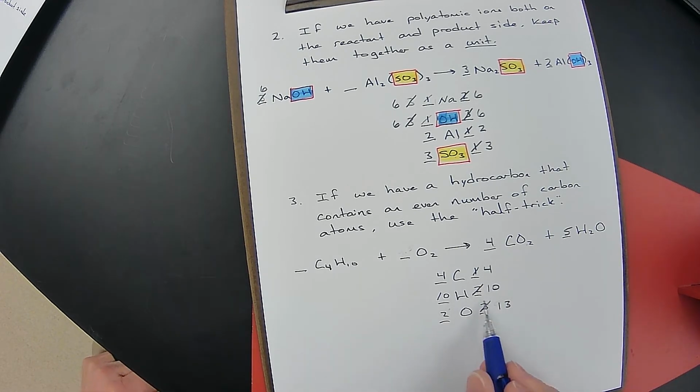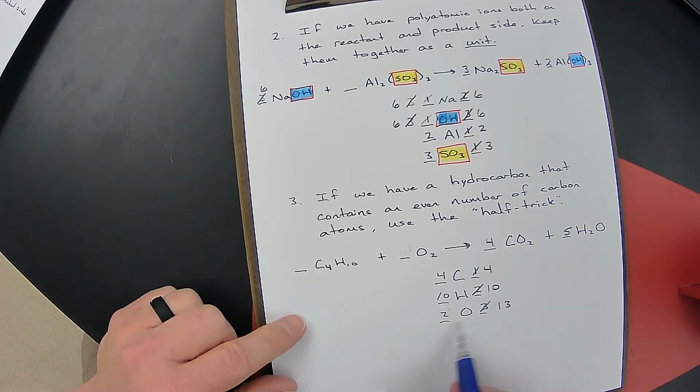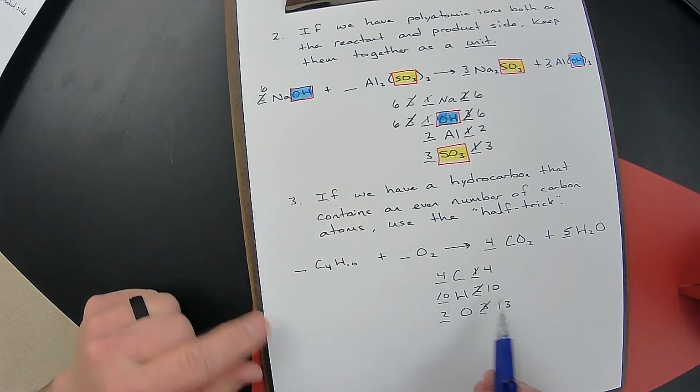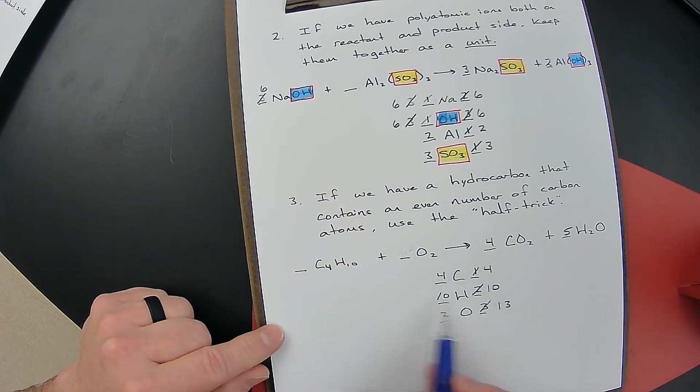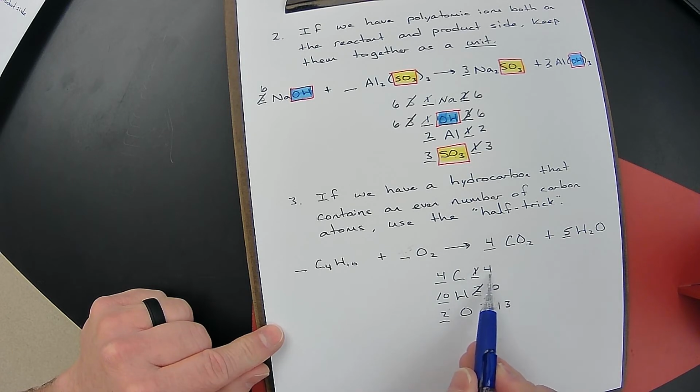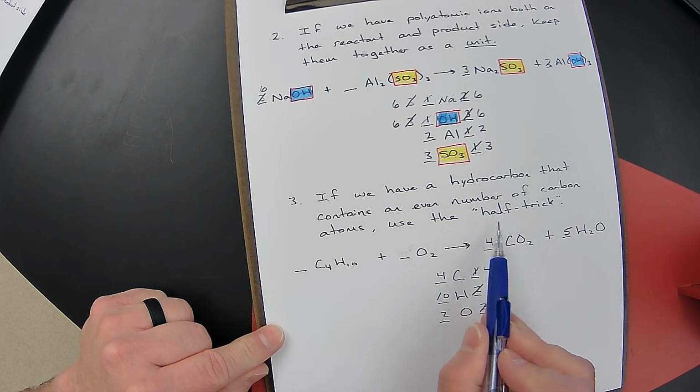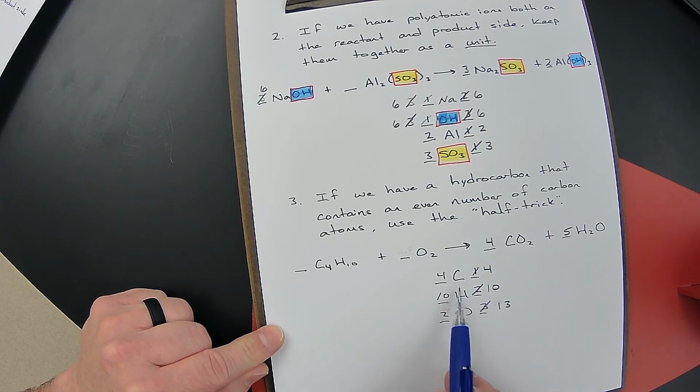So once again, I'm at a half number, but the reason, and it's important I made that mistake, the reason I wanted to do this is notice the carbons are fixed, the hydrogens are fixed, and now all I have left are the oxygens. Previously, when I was going through this, I hadn't fixed the hydrogens yet, so I don't want to use the half trick until the other elements are balanced.